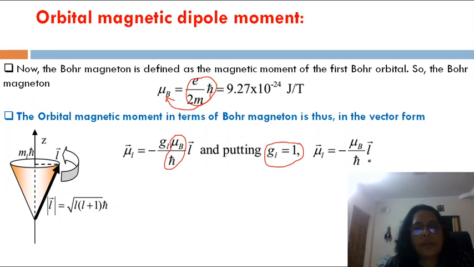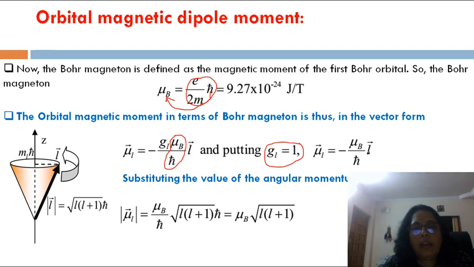So when we replace L by square root of L into L plus 1 h cross, we get mu B by h cross, because h cross gets cancelled. What will remain? Mu B square root of L into L plus 1.